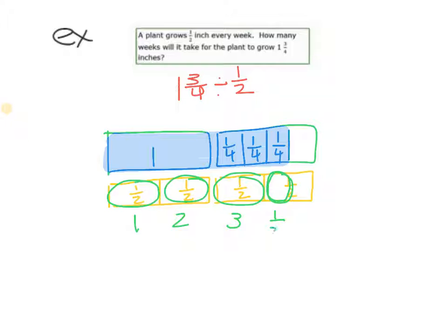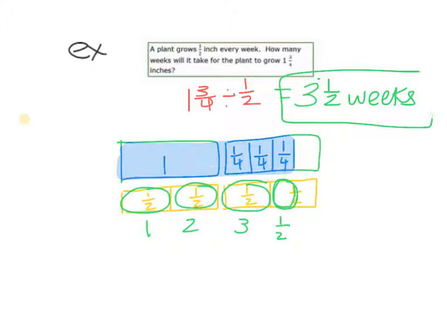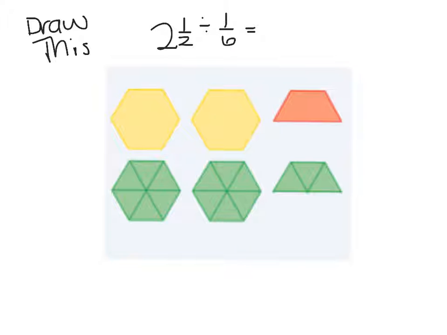So it'll take 3.5 weeks. Now I want you to draw this picture in your notebook, because I think this is one of the best visuals of what modeling fraction division looks like.